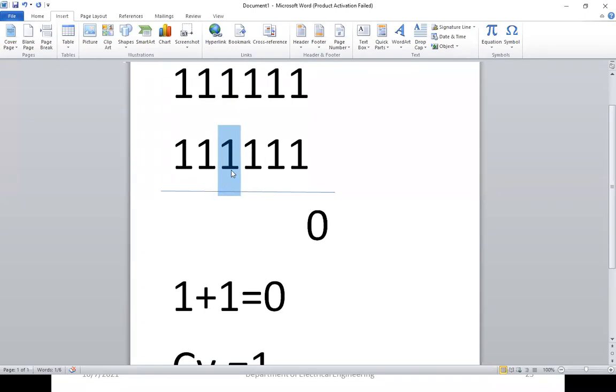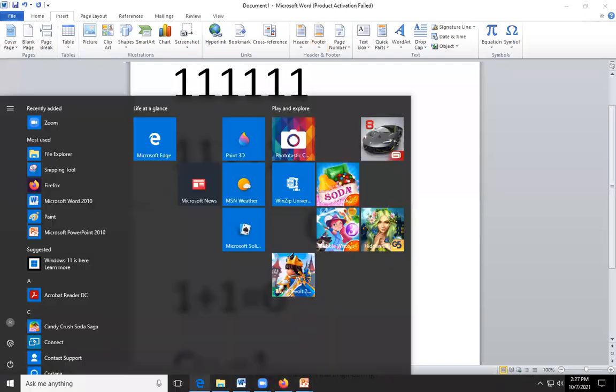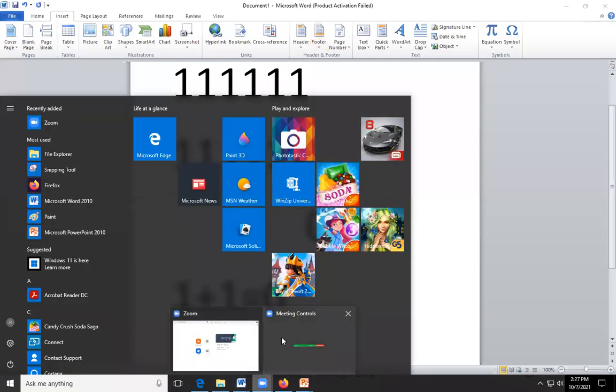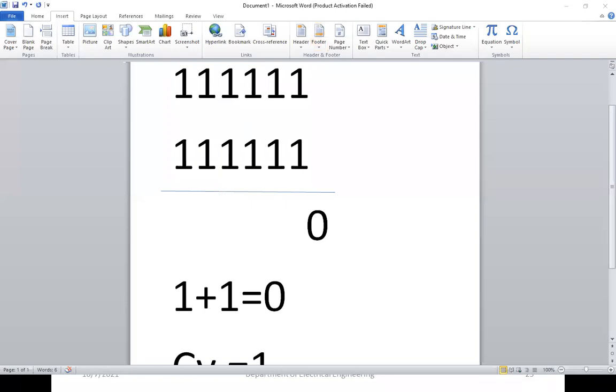After D4, when the carry is generated, you have to set the auxiliary carry.